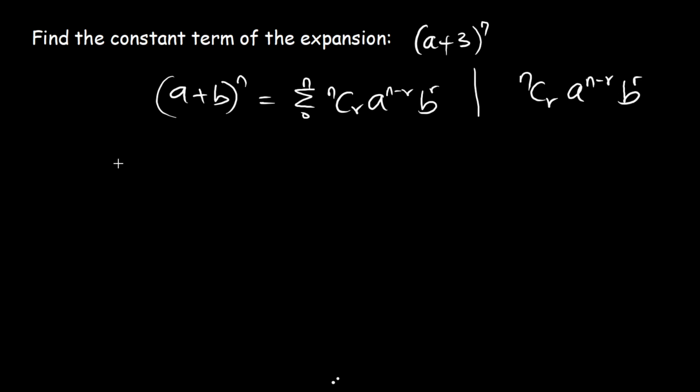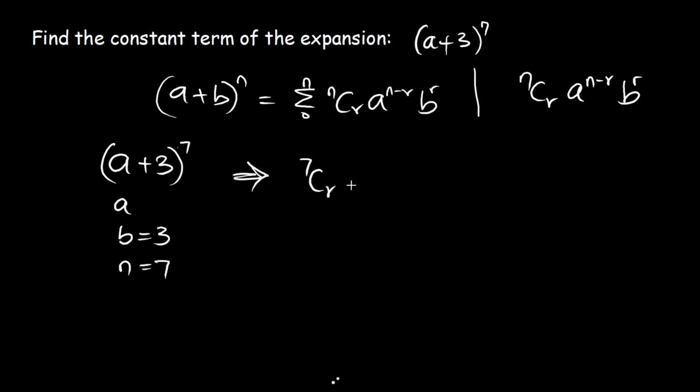Let's go back to the question. (a + 3) raised to the power of 7. a is the same thing as a here, b is 3, and n is 7. So the general term will be 7 combination r, a raised to the power of 7 minus r, and 3 raised to the power of r.